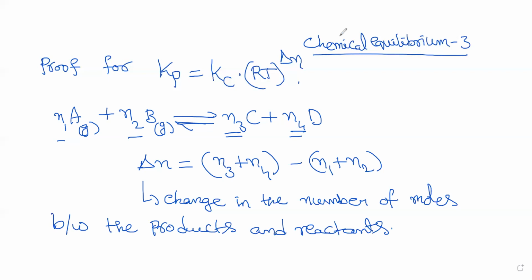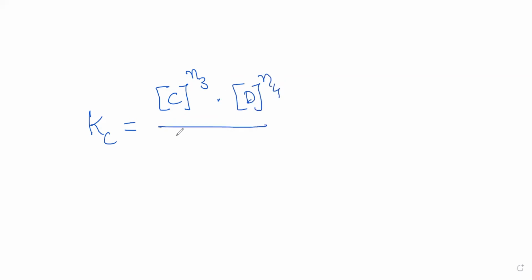Noted, sir. Okay. Now, let us write what is Kc. Kc is the equilibrium constant for the case when concentrations are taken into account. So that is nothing but concentration of C power N3 into concentration of D power N4 divided by concentration of A power N1 and concentration of B power N2.